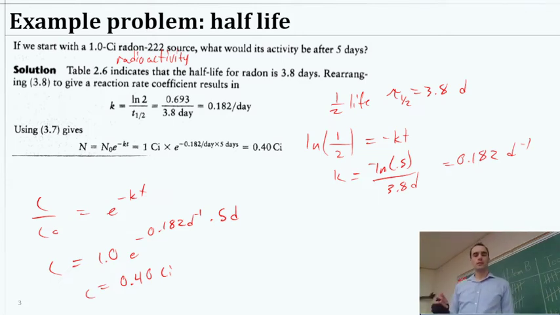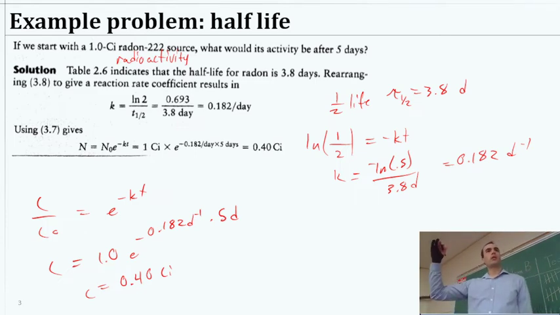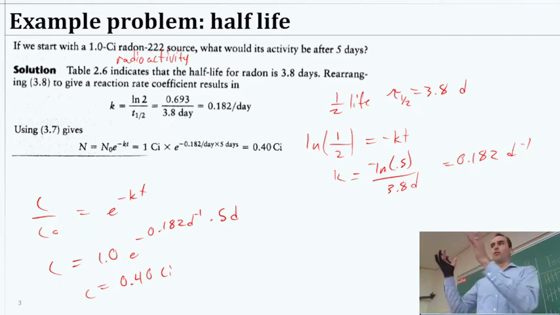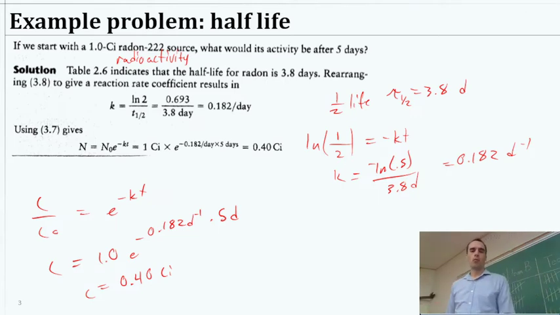We might get into this probably after the break: what happens if we have some growth in one chamber and then some disinfection or decay in the next chamber? How do we model that going from one system to the next? Or perhaps even if we have competing reactions in the same system, how do we put that into a mass balance? We may take a look at that as well.